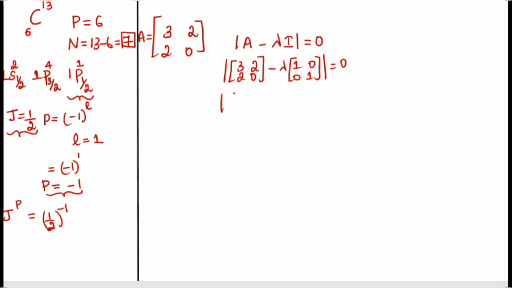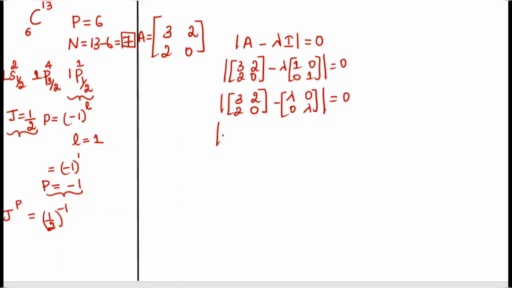Now do the subtraction. First we multiply lambda into the identity matrix: it is lambda 0, 0 lambda, taking lambda inside the matrix. After that we can subtract.